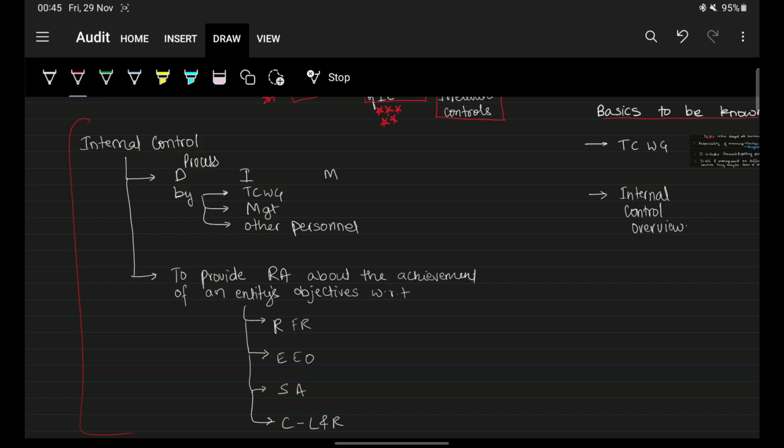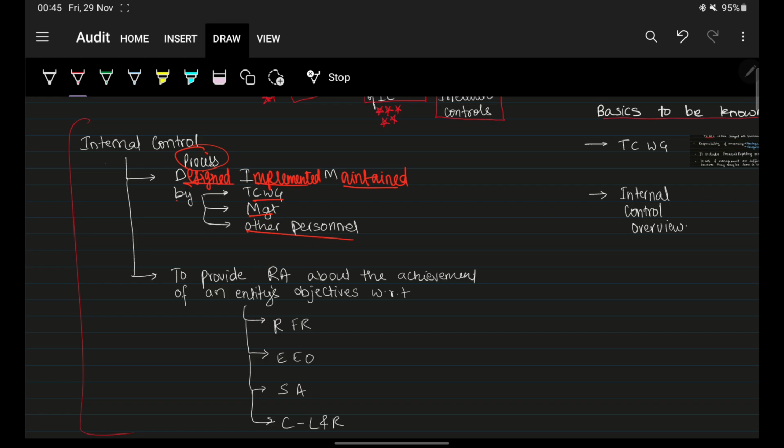Internal control is basically a process that is designed, implemented, and maintained by those charged with governance or the management or any other personnel.